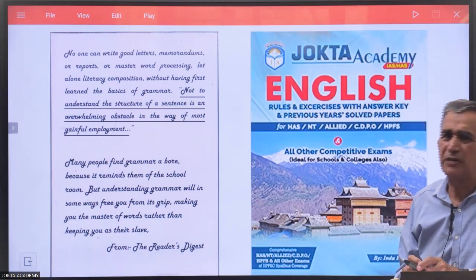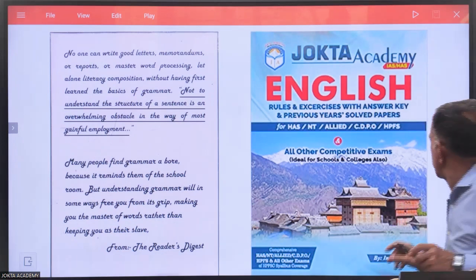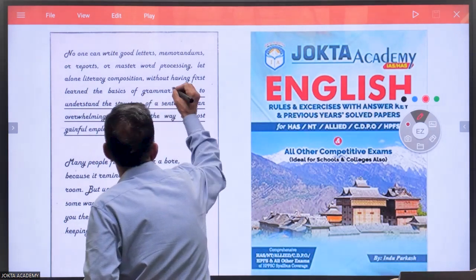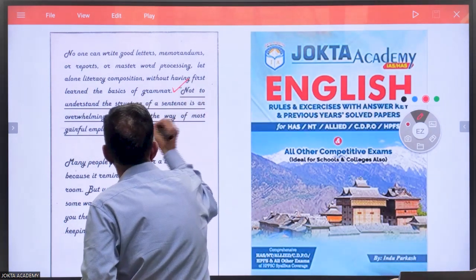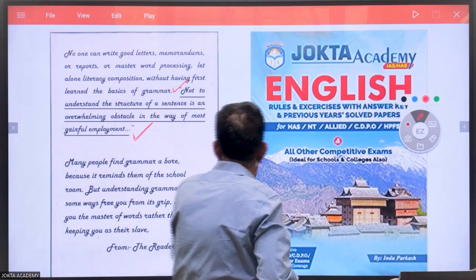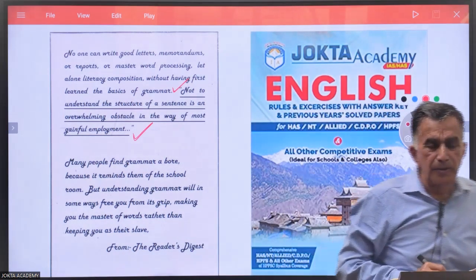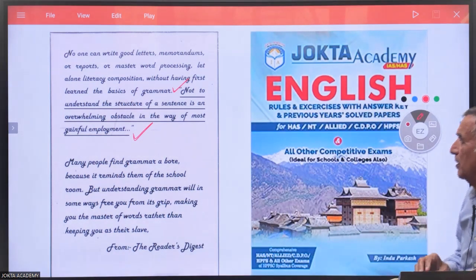The most significant part of this message is: not to understand the structure of a sentence is an overwhelming obstacle in the way of most gainful employment.